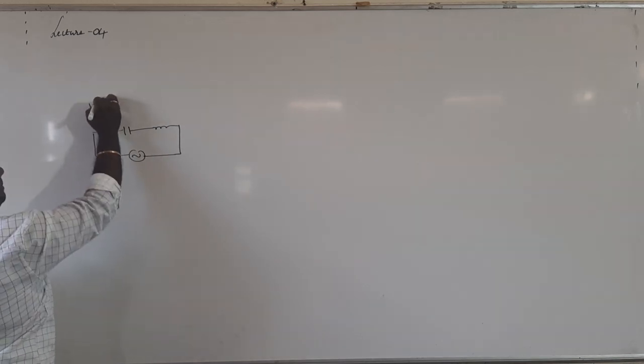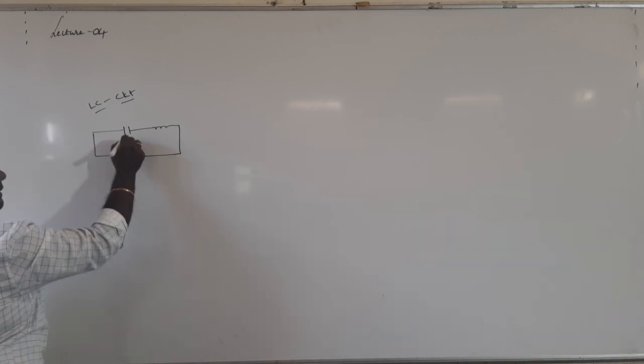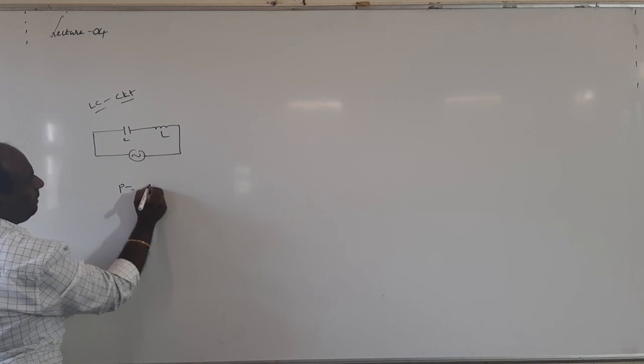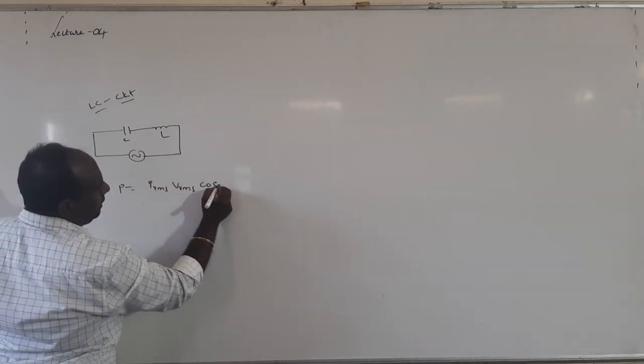This is the LC circuit, this is C, this is L. Now, what is the power drop? The general formula is P equal to IRMS into VRMS into cos phi.